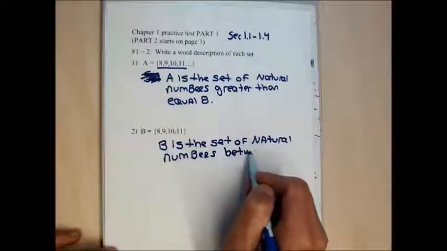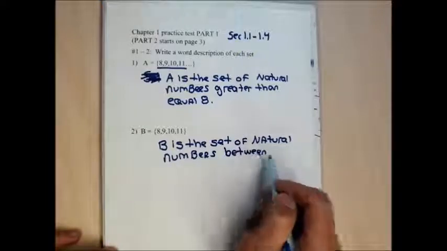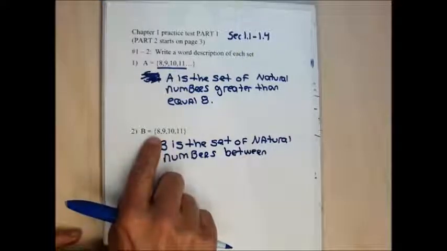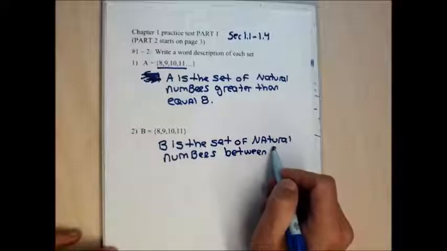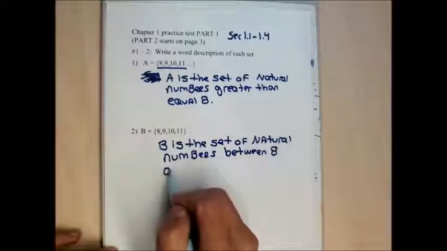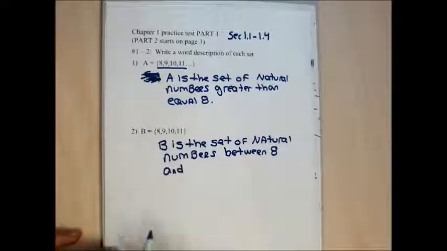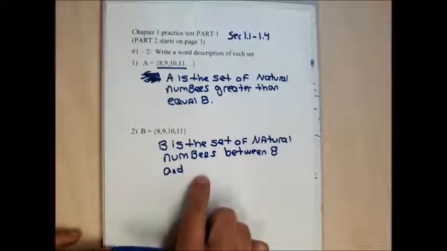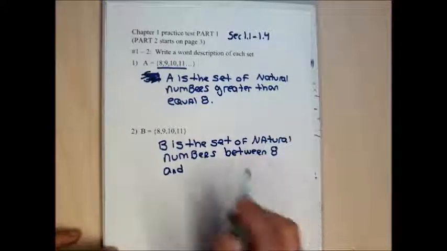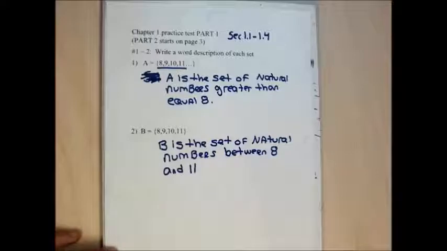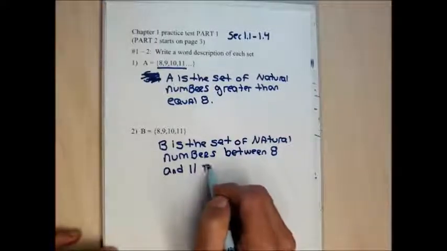And the way I like to do the between problems is I like to state what the first and the last number are. And, of course, we have to put one more word to make sure that we're counting the 8 and the 11 and not excluding them, and that's the word inclusive.